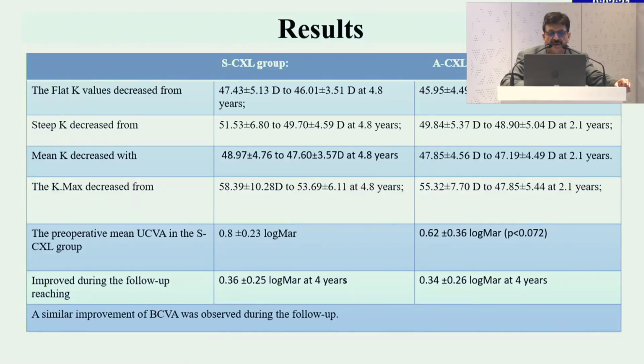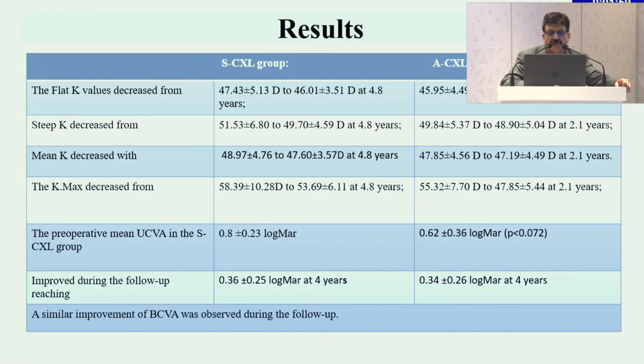These are some of the parameters which we evaluated. We looked at the flat K values, and these values in the standard CXL group decreased from 47 to 46.01 at 4.8 years, whereas in accelerated they went from 49 to 45, flatter.